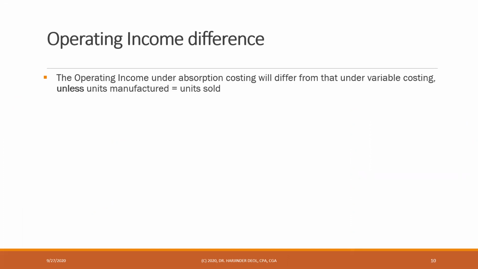Once we prepare our income statement under the absorption costing and our variable costing method, then the operating income under both of these assumptions will be different. So we are looking at reconciling those differences. Your operating income under absorption costing will differ from that under variable costing, unless the number of units produced in the period were exactly the same as the number of units sold.